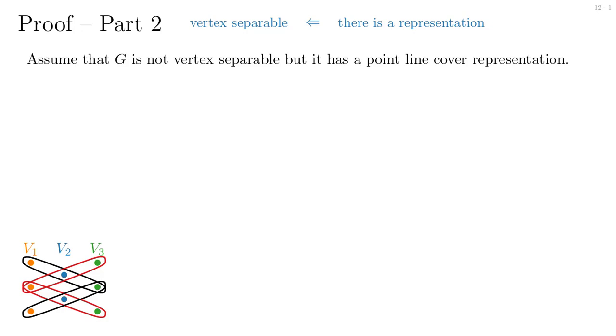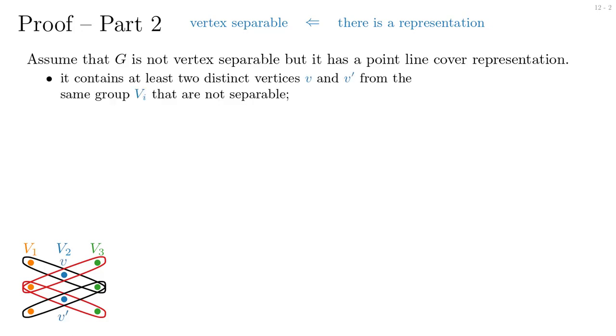We show this by contradiction. Assume that a hypergraph is not vertex separable, but it has a point line cover representation. Then it would mean that this graph contains at least two distinct vertices from the same group that are not separable. In our example in the bottom, these two blue vertices are not separable.